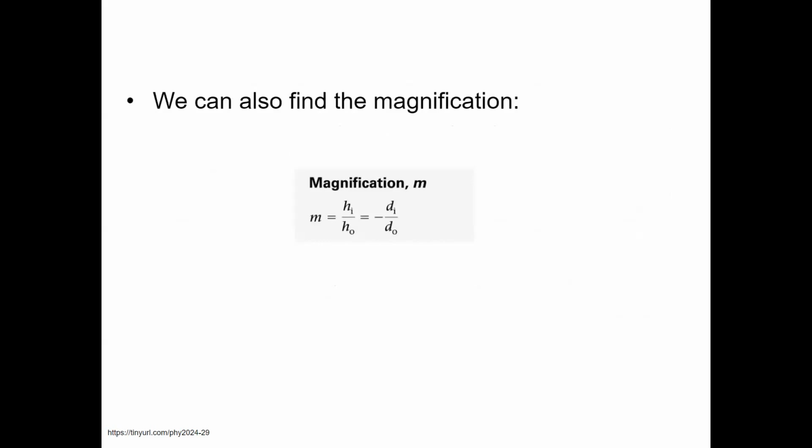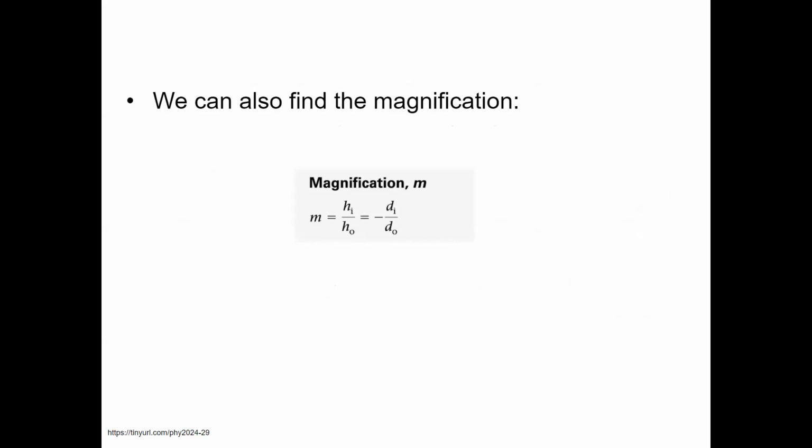Now another thing we want to talk about is the magnification of the image compared to the object. This is simply defined as the height of the image divided by the height of the object. And it's also going to be equal to minus di over do.